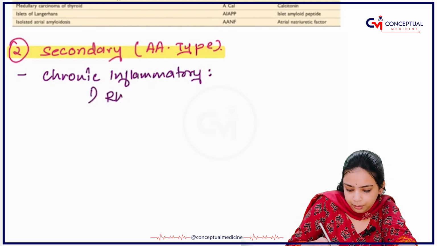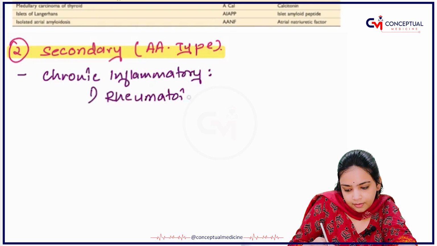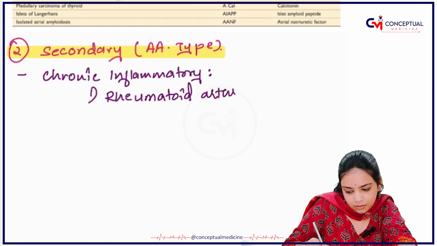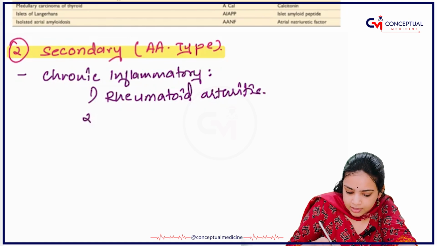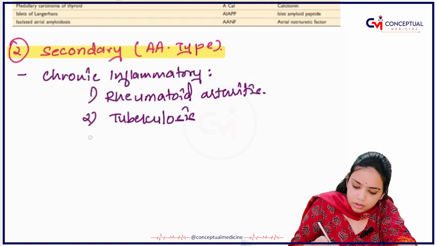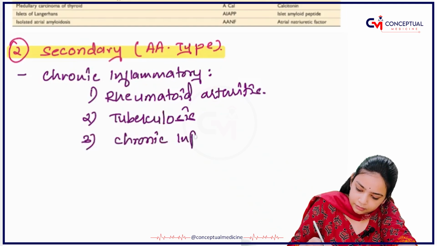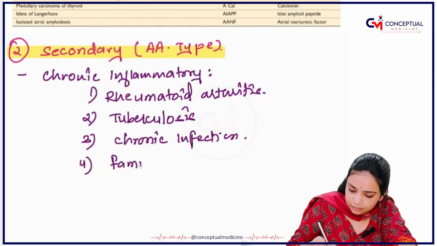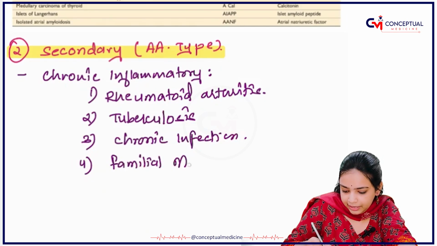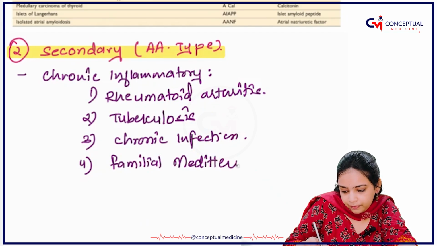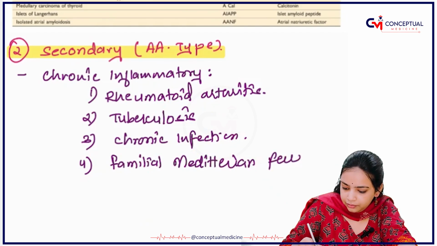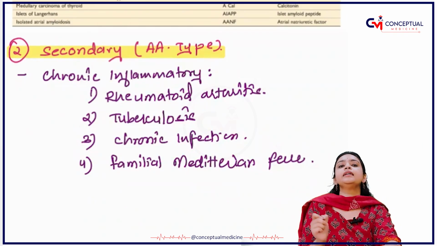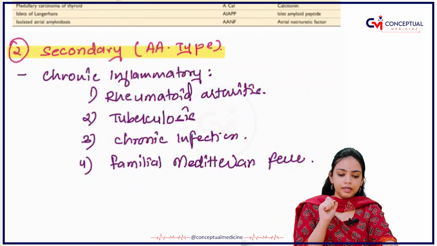First one is rheumatoid arthritis. Second one is tuberculosis, and the causative agent of tuberculosis is Mycobacterium tuberculosis. Third one is chronic infection. And the fourth one is familial Mediterranean fever. So these are basically the types. In the secondary, you mainly have the chronic type.